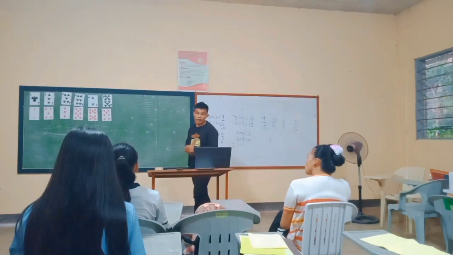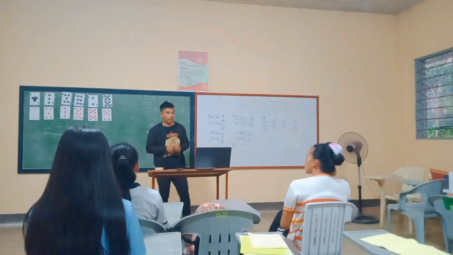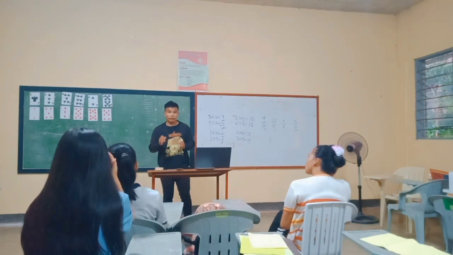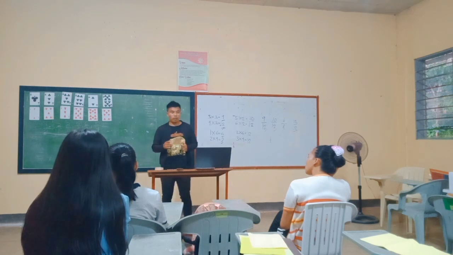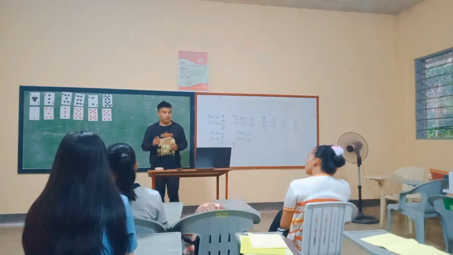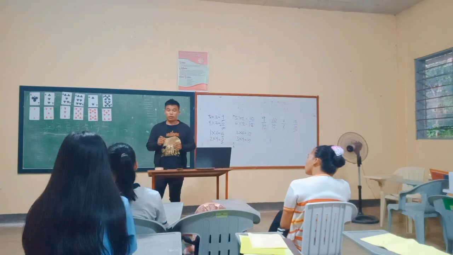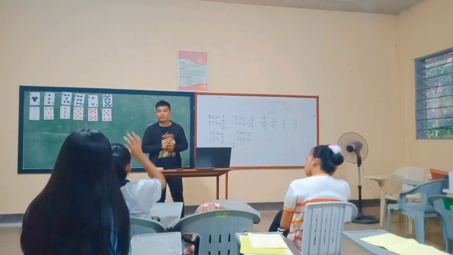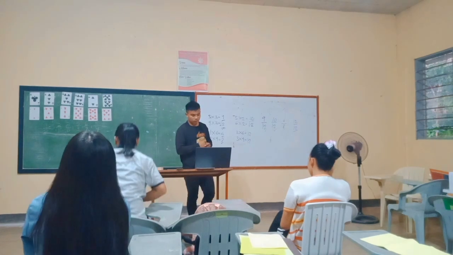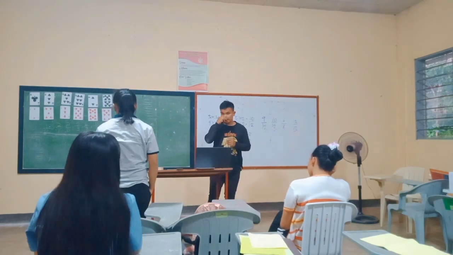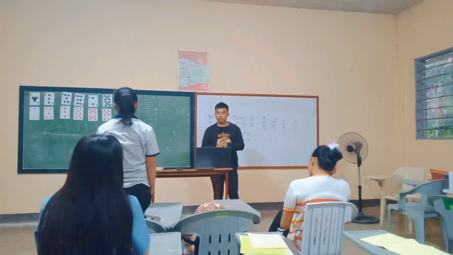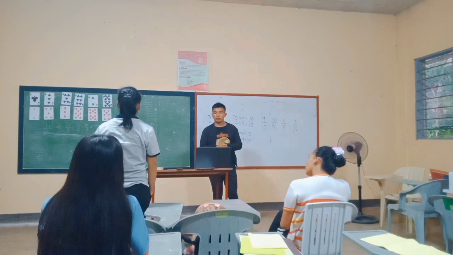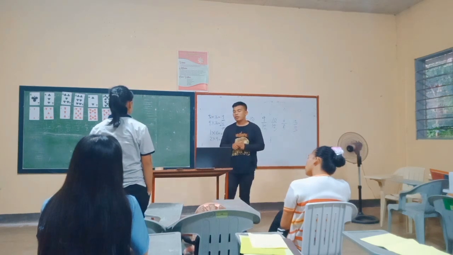Then what if two fractions have a common denominator? For example, 3 over 5 and 2 over 5, which is greater and why? Anyone from the class? Yes, Giselle? 3/5 is greater than 2/5 because the denominator is the same, the larger the numerator, the larger the fraction.